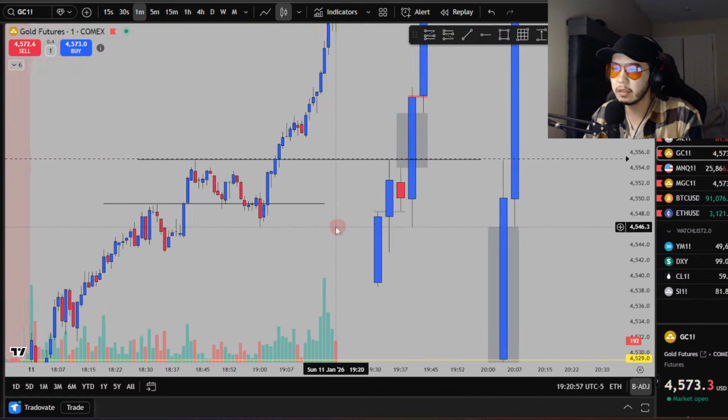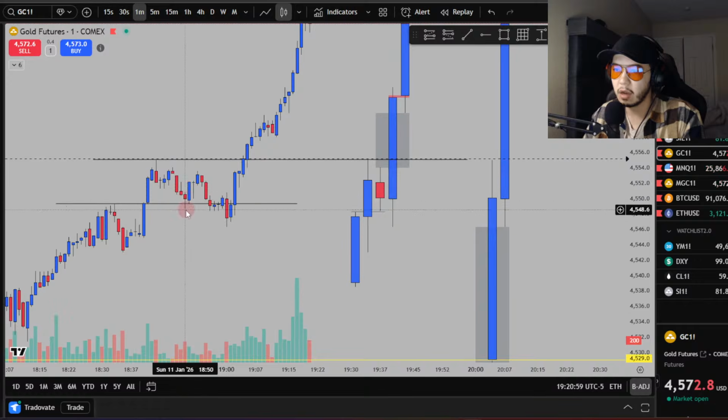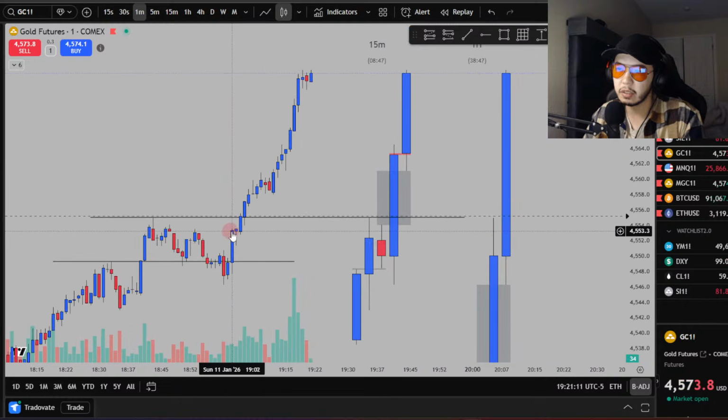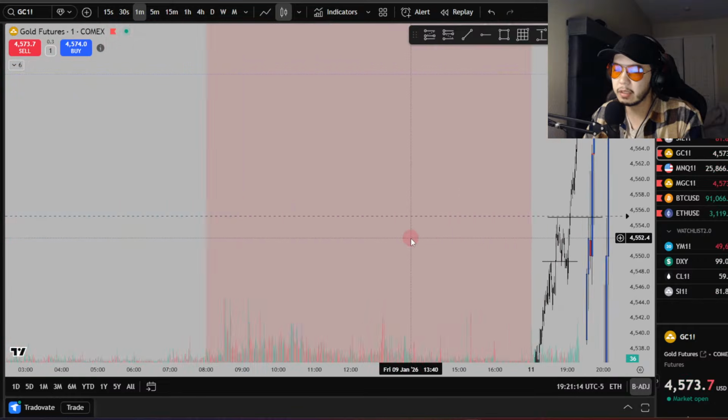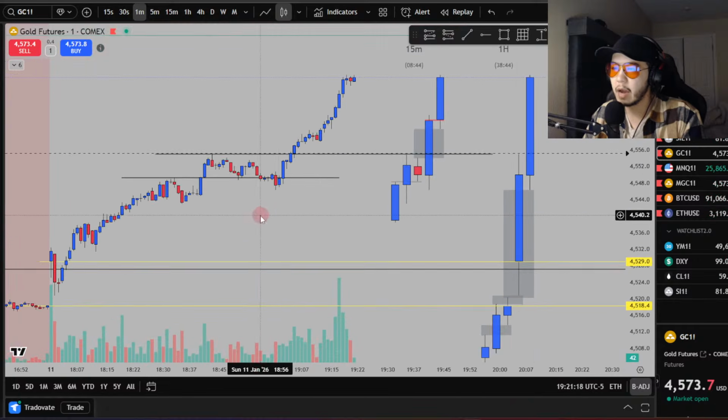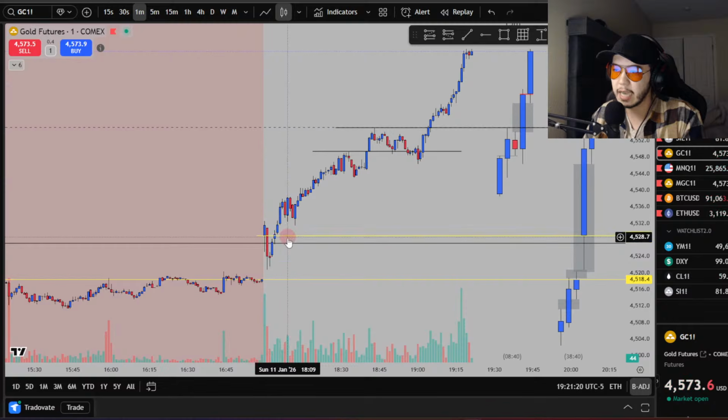And this is a really good sign. So the price comes, taps it again, closes below it. We go above it. We didn't quite flip the candle, close below it, and then we close above it again. Right here would be your entry. But this is a little bit riskier trade because there's no clear target to your right. But I would take this trade just because we gapped up.